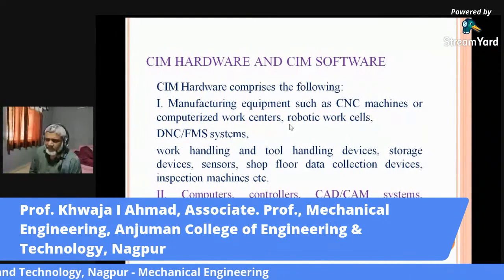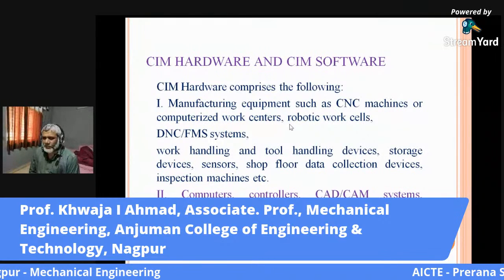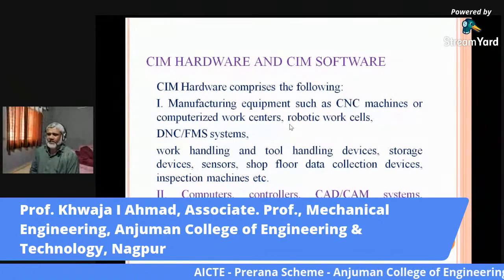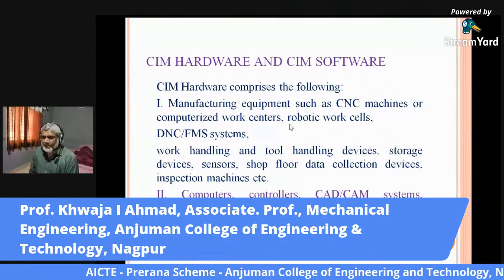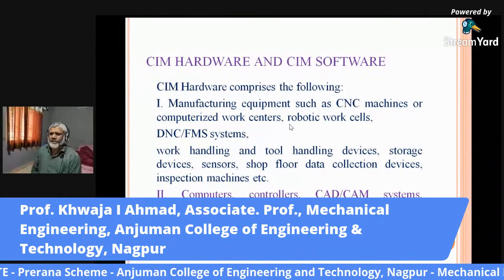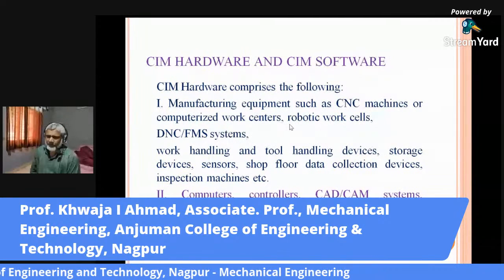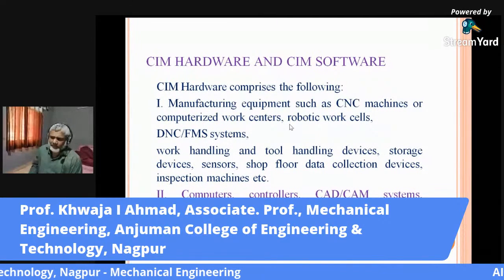Storage devices are there, automatic storage devices, ASRS is one of the systems. Sensors are there, shop floor data collection devices are there, inspection machines are there like CMM and machine vision. These come under the CIM hardware. Machines, manufacturing equipment.